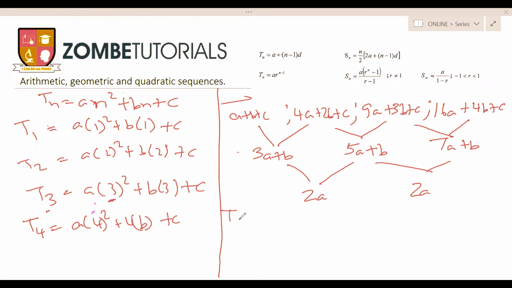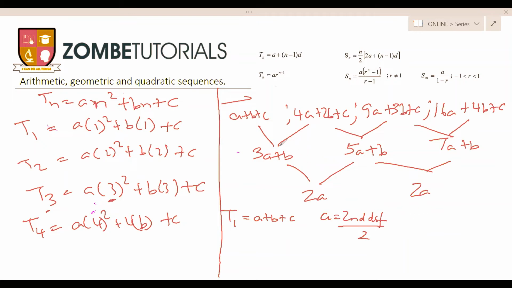T1, sorry, not Tn, is equal to A plus B plus C. And then our value for A is going to be equal to the second difference divided by 2.